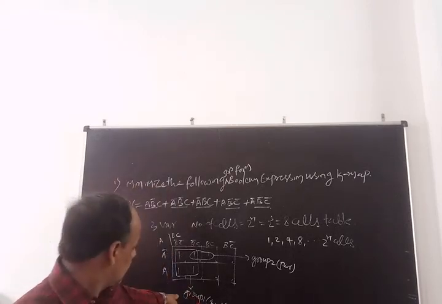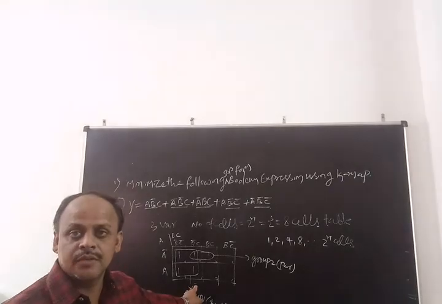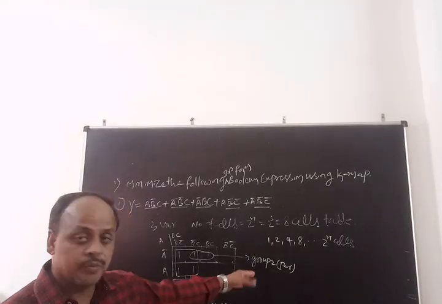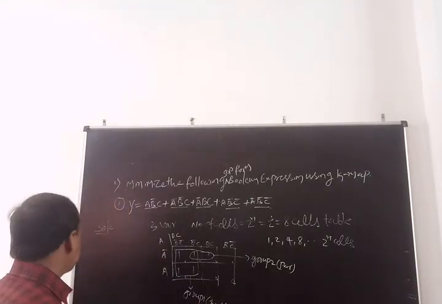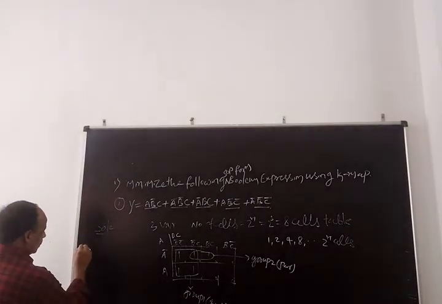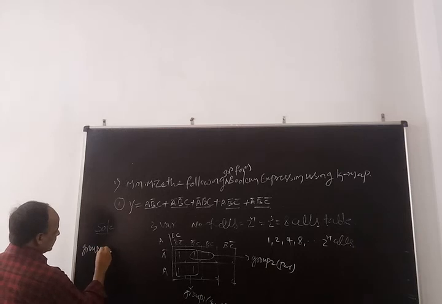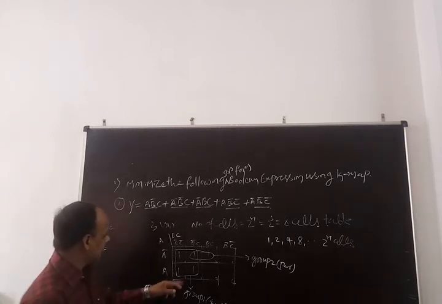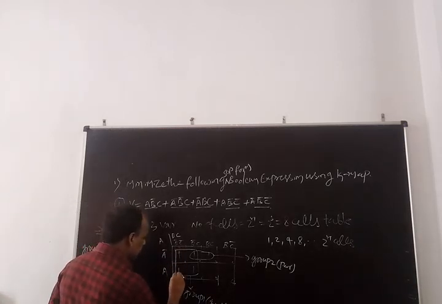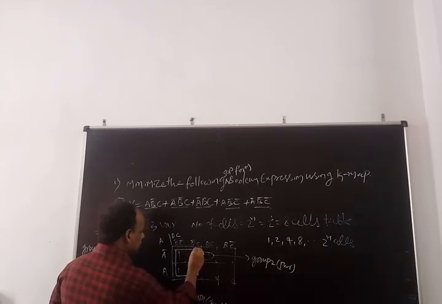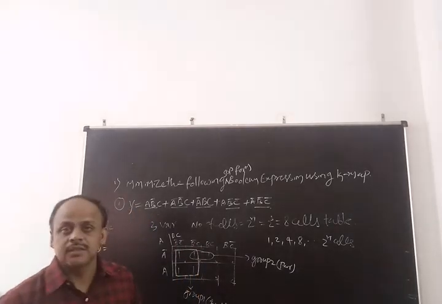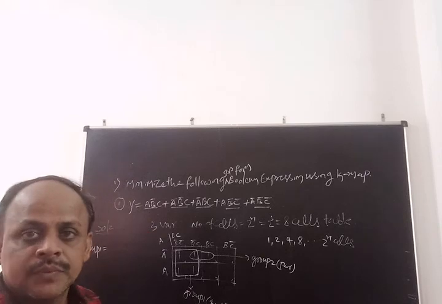So let us consider first group and afterwards second group. Then we are going to get minimized terms. For example, group 1, what is happening here? This is group 1, right?